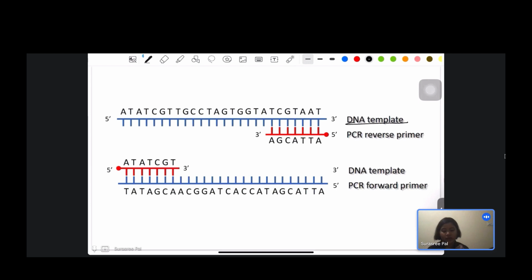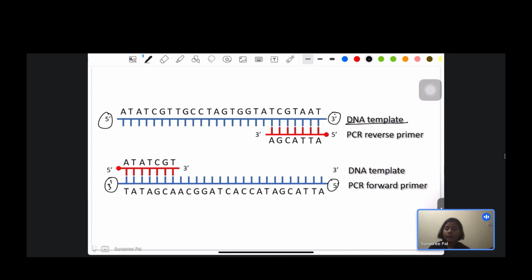If we look at these template DNA strands, one is from 5' to 3', another is from 3' to 5'. And why is that so? Because we know that the two strands of DNA are anti-parallel to each other.